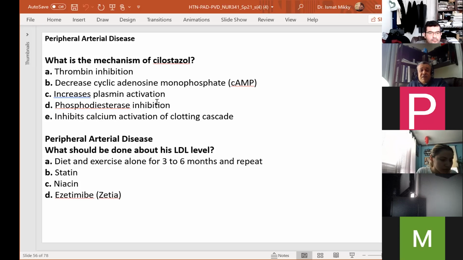Niacin is not as effective as the statins, and niacin is still contraindicated in patients with diabetes, because niacin can increase the glucose. The Zetia will lower the LDL, but has no proven mortality benefit. It's not as effective as statins.